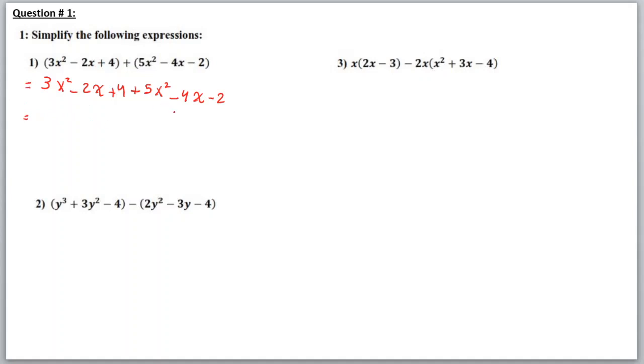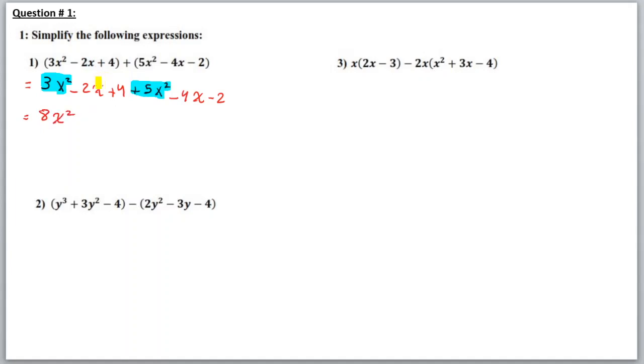The second step, I should reduce more, so collect the like terms together. So 3x squared plus 5x squared, these are like terms. So we add, it will be 8x squared.